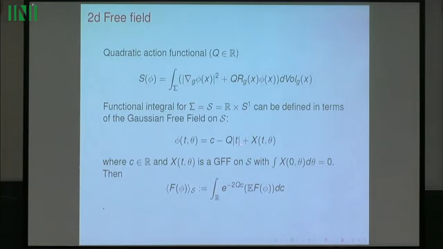So the free field is defined as follows. You take the Gaussian free field on the cylinder. The Gaussian free field on the cylinder is, of course, defined only up to a constant. So we take a particular realization by normalizing it so that at time zero, its integral around the cylinder is zero.